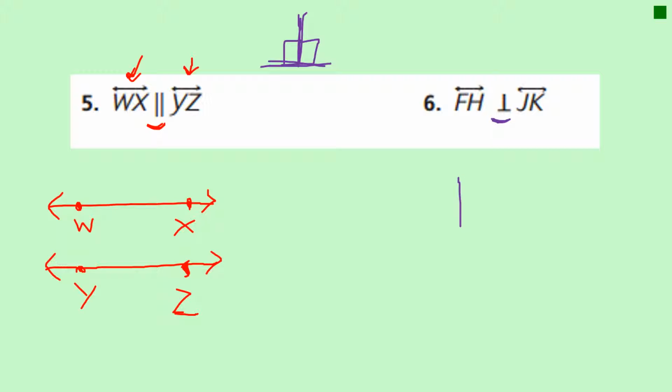Okay, so now we're just going to do our best. Okay, not bad, right? So line FH is perpendicular to, meaning it creates a right angle with line JK.